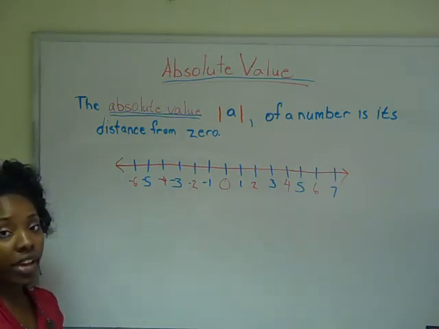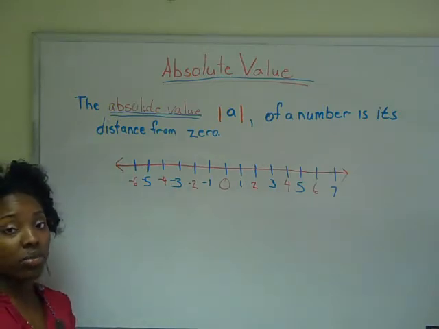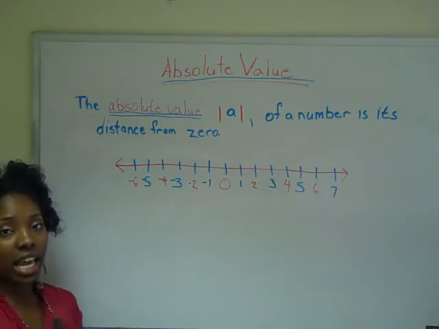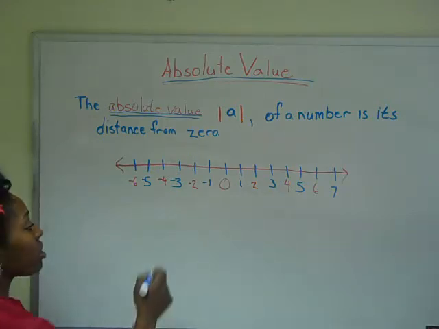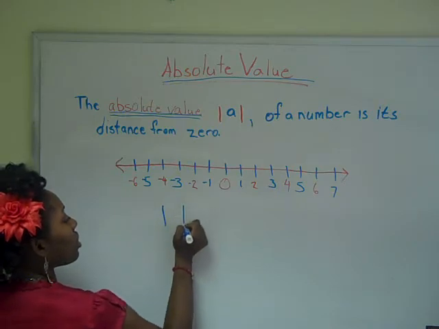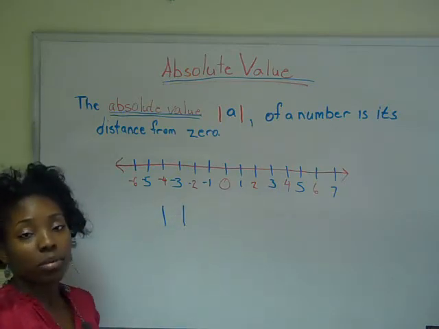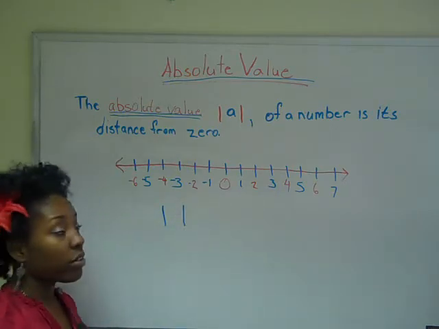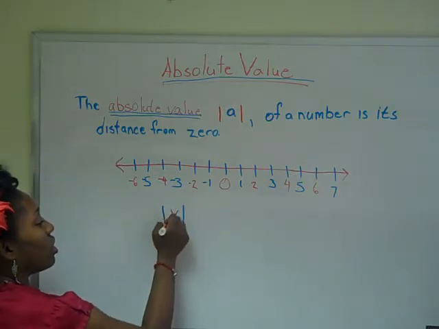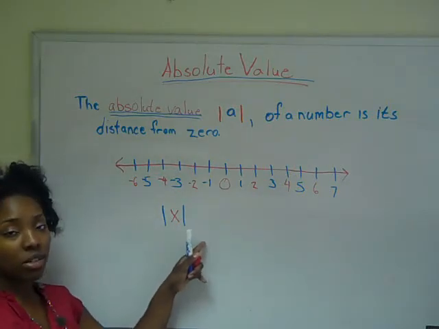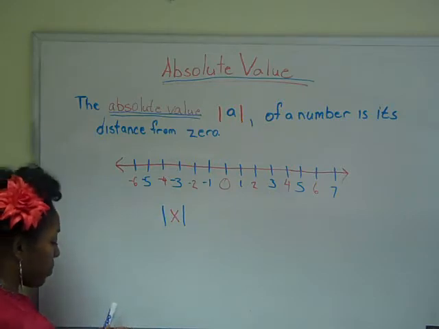A number's absolute value is its distance from zero, and it's indicated by two vertical bars with the number in the middle that you want to take the absolute value of. So this reads the absolute value of x.